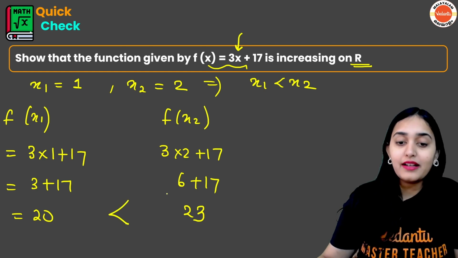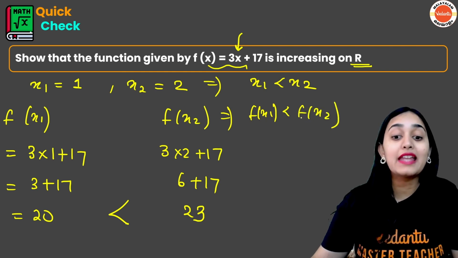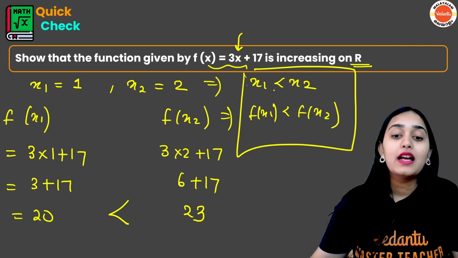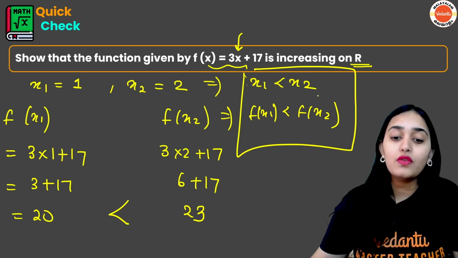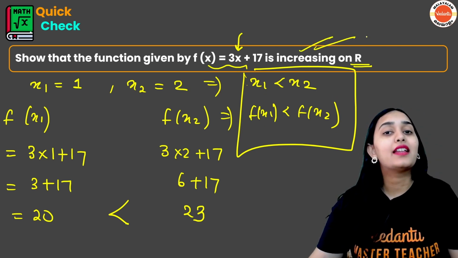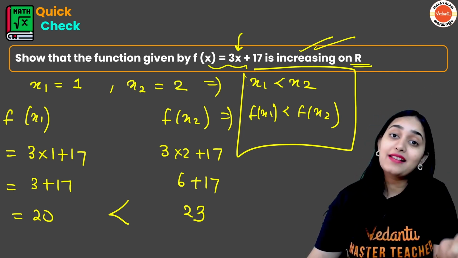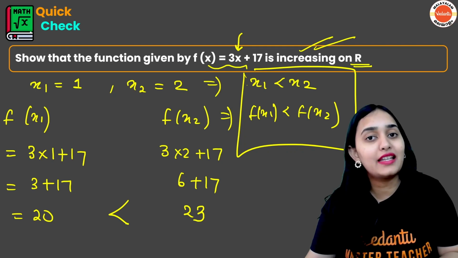So this is greater than this. This implies that f of x1 is less than f of x2. Hence, you can prove when x1 is less than x2, we are getting f of x1 less than f of x2. That means it is an increasing function. Same is happening. Less than is happening. If less than, greater than happens, decreasing function.